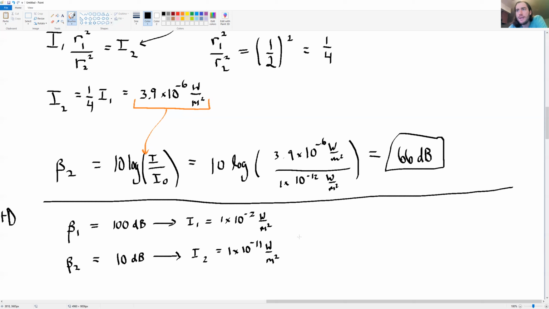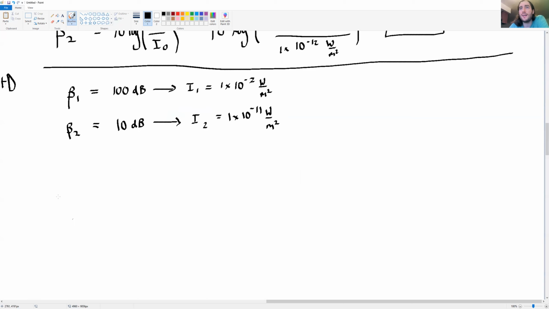So what then happens if you decrease the intensity by a factor of 2? Okay, let's take a look at that. Let's say the intensity I1 is 10 to the minus 6 watts per meter squared, kind of similar to what we had in the last problem.